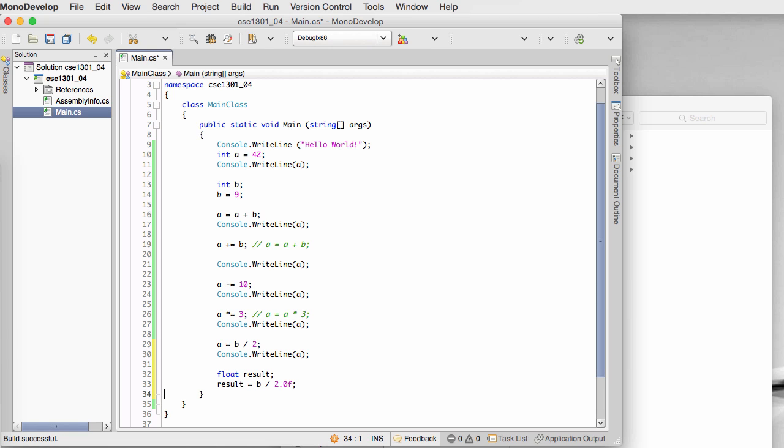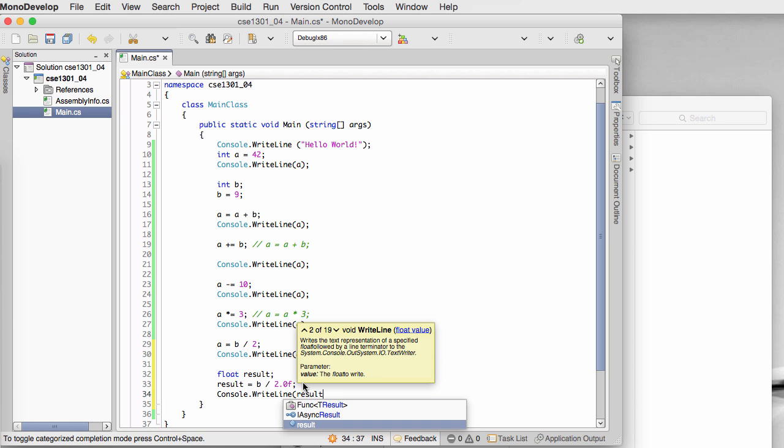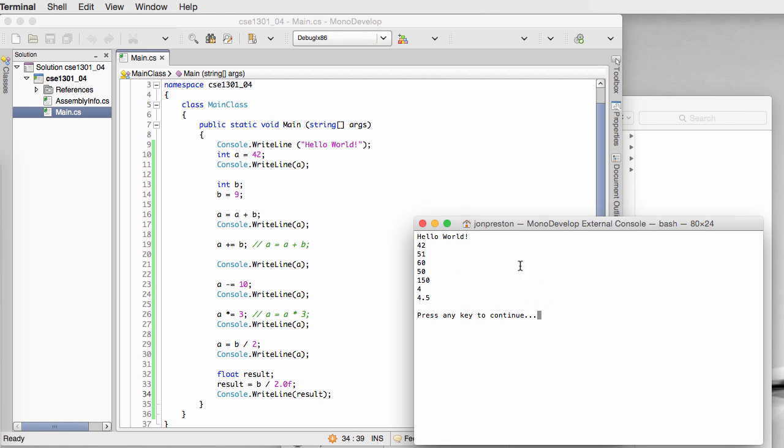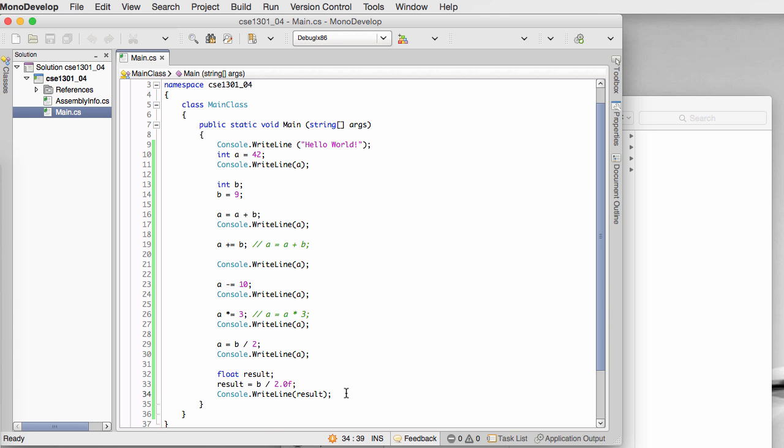So let's convert this and do floating point division by the 2.0 with the f, and then do a Console.WriteLine of result. Okay, if we run this, then we get our 4.5 as we expected. Remember, there's a difference between integer values and floating point values, and so if I want to do floating point math, I need to make sure that I'm marking it as such. Otherwise, I'm doing integer math.